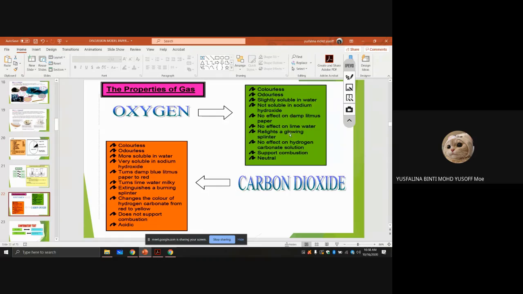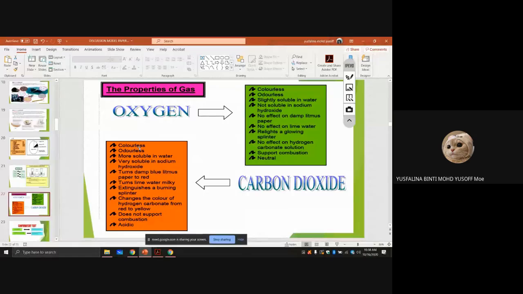It relights a glowing splinter, because burning needs oxygen. It has no effect on hydrogen carbonate solution, since it is neutral. It supports combustion.